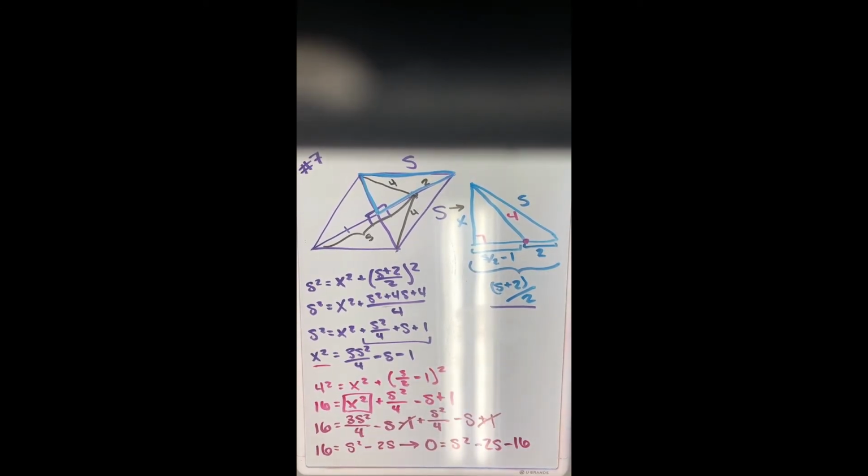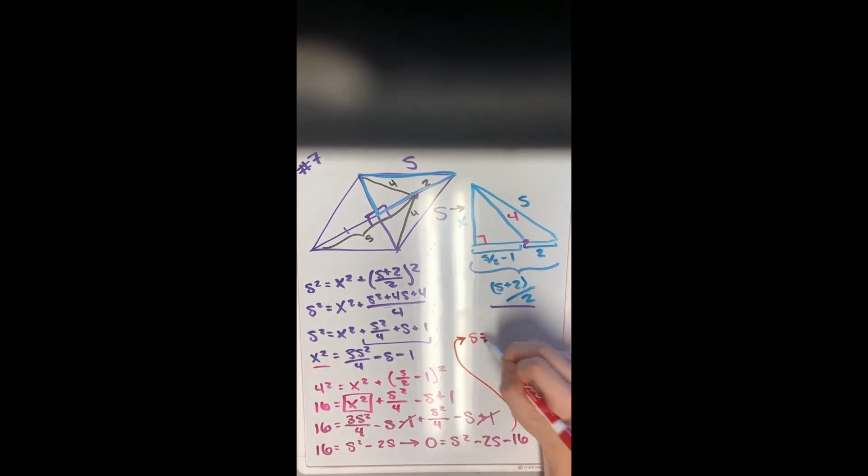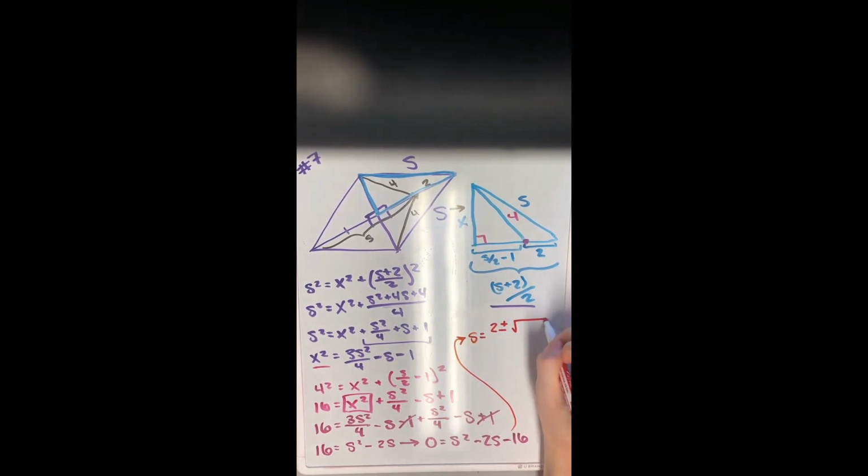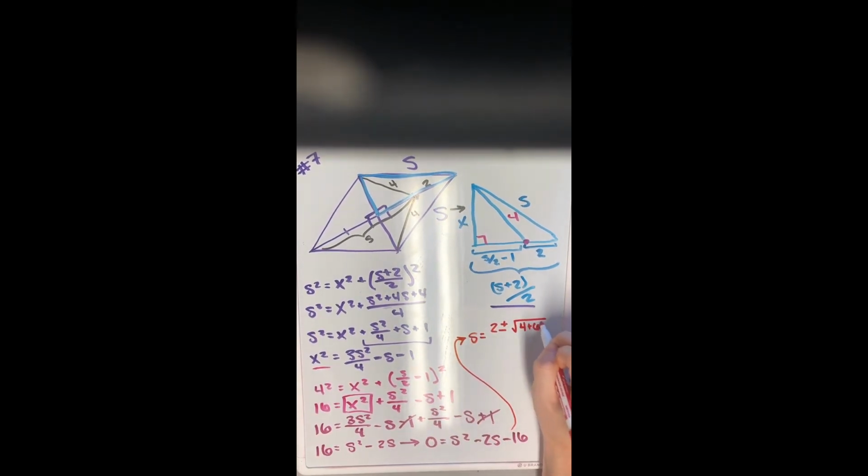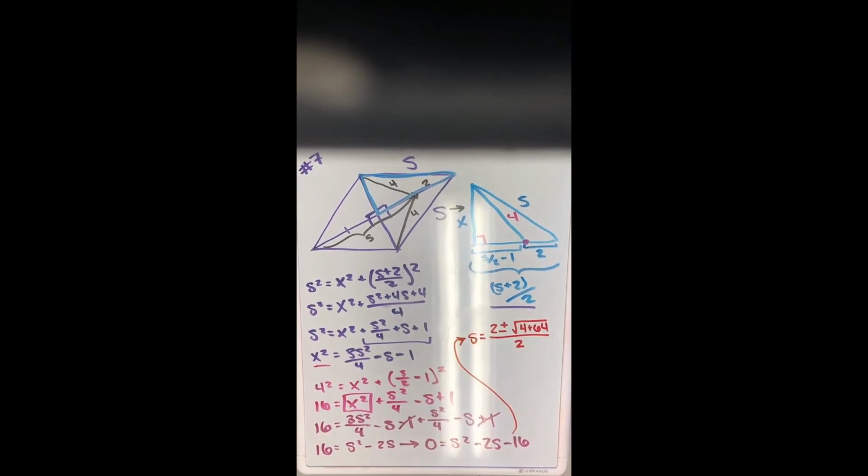So now all you have to do is factor this equation, but we're going to have to use the quadratic formula because it's not easily factorable. So from this equation, you get that s is equal to 2 plus or minus radical 4 plus 64 all over 2.